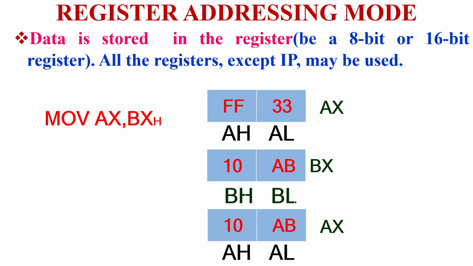When this instruction is executed, the content of BX has been given to the AX register. So AX has been replaced by the content of the BX register. This is the way this type of addressing mode will work.